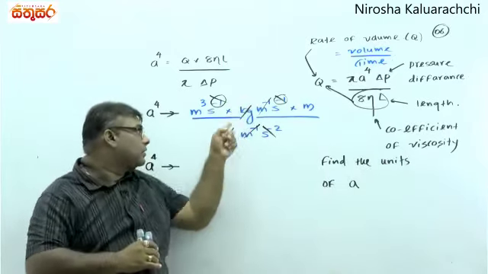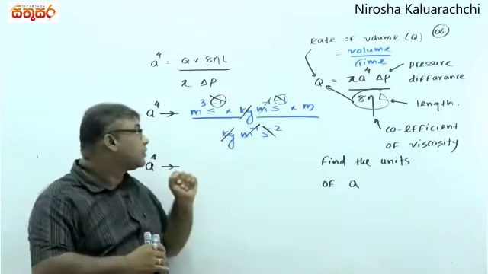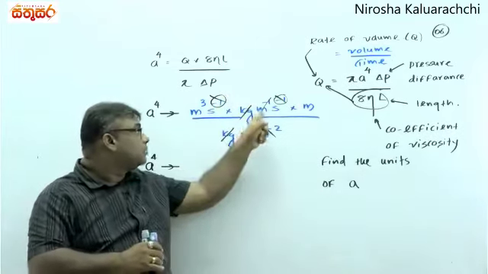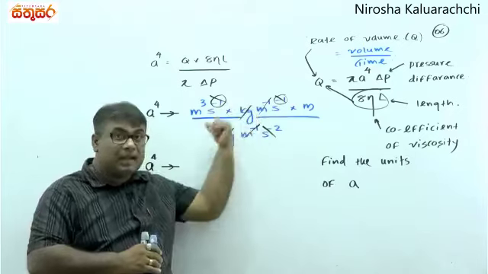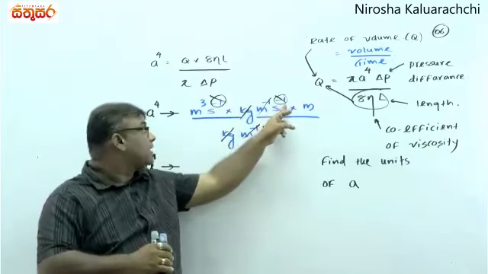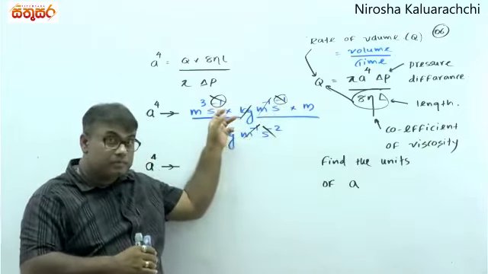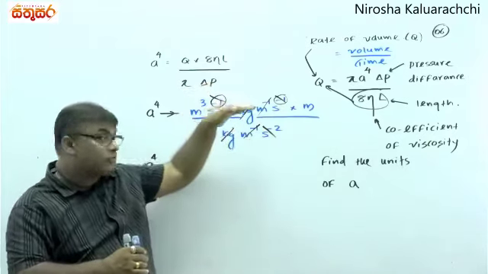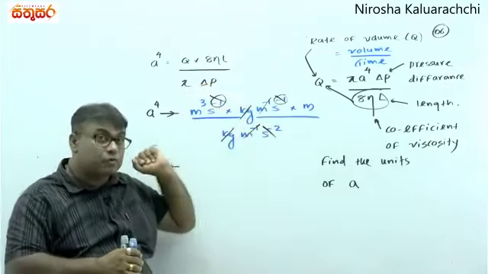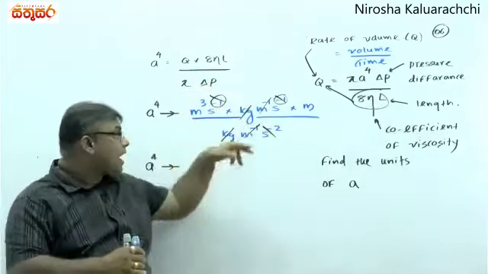Kg, numerator and denominator cancel. Right. Per meter cancel. S minus 1, numerical value added, S minus 2. And these two and this, numerator and denominator, up and down cancel. Done.